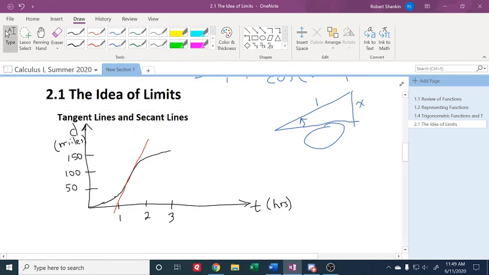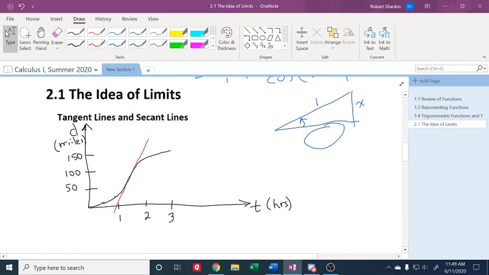And it was, I can imagine, a huge debate at the time. If somebody said, yeah, we can find the exact slope at a particular point, which is called the instantaneous slope. In fact, we could find the instantaneous slope at any point.